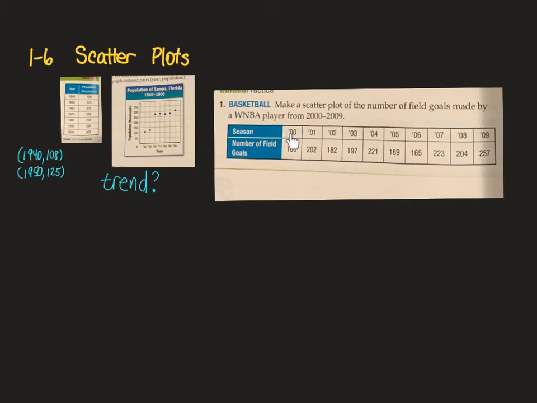So we have to go from 2000 to 2009. And we need to go, looks like 160. Yep, 160 is my lowest, and my highest is 257. So I would need to count and create a graph that had seasons along the x-axis, number of field goals along the y-axis.